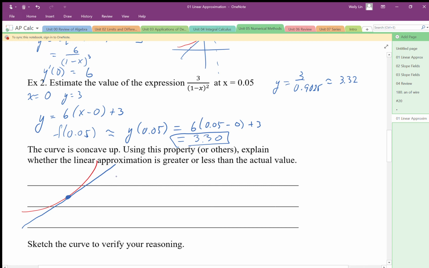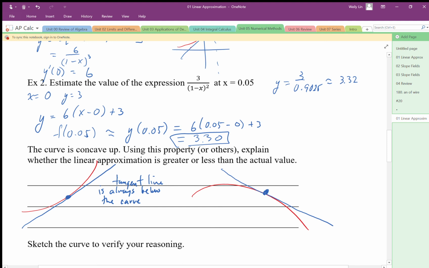So the tangent line is always below the curve. If something is concave down, there's my tangent line, and any approximation near that tangent point, that blue line, is my approximation.